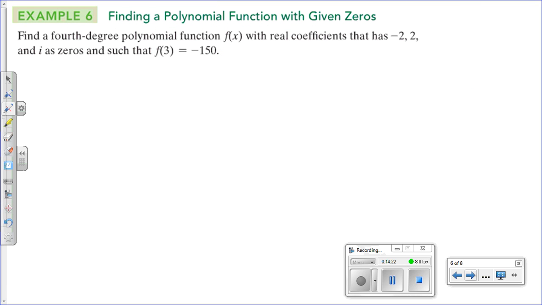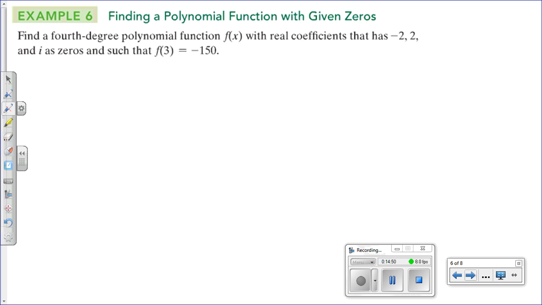Okay, so example 6, finding a polynomial function with the given zeros. So now what we're going to do is work backwards. Instead of finding the zeros, we're given some zeros, and then we're going to find the factors. And after that, we're going to multiply the factors to get the polynomial.